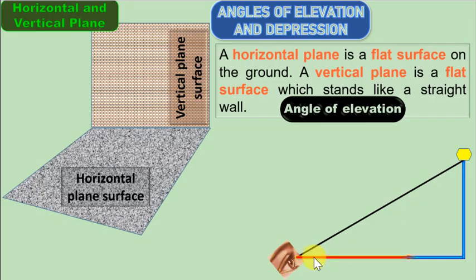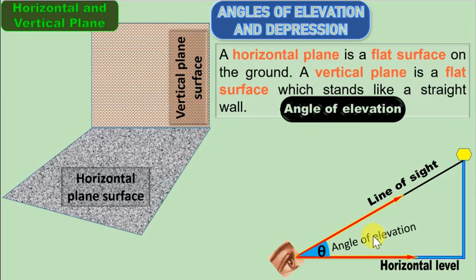Now, for this, we have the horizontal surface, and then we have the vertical surface. This gives us the line of sight, or direction of sight of the observer. The observer is down, looking up to see the object above. The angle with which the observer takes to observe the object above here is known as the angle of elevation.